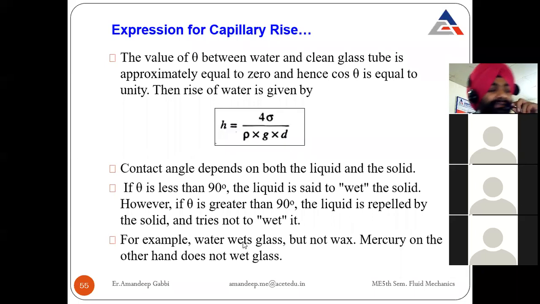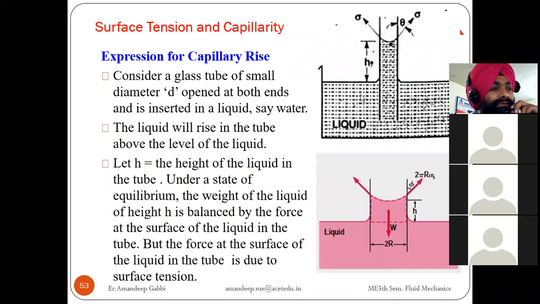If theta is less than 90 degrees, the liquid is said to wet the solid. However, if theta is greater than 90, the liquid is repelled by the solid. If the meniscus is curved with the depression at the bottom and rising at the edges, it is called a wetting liquid.